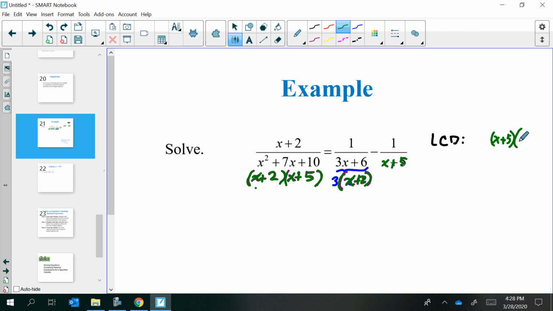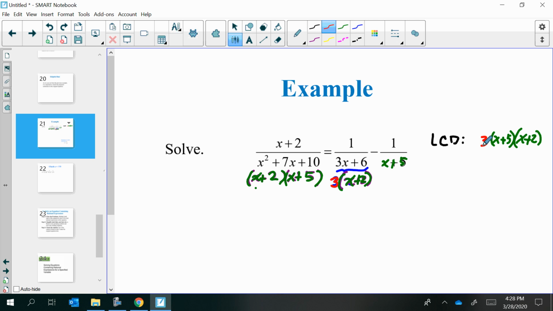So that'll be part of my LCD. And now that I've covered all the common ones, I do have one uncommon factor of 3.